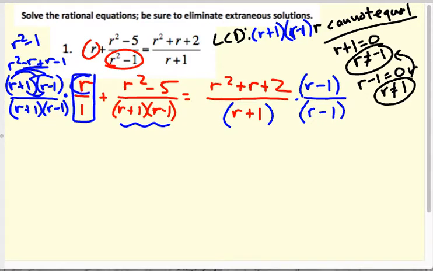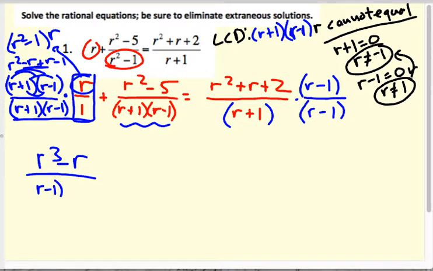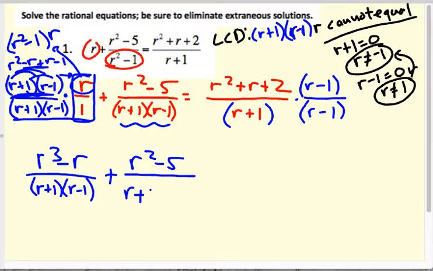And I'm multiplying that by this r, so I'm going to use the distributive property now and get r cubed minus r, all over r minus 1, r plus 1, and r minus 1 in the denominator. We FOILed this out first, then multiplied it by this r, and we get r cubed minus r. Plus, nothing changes here. The denominator stays r plus 1, r minus 1.